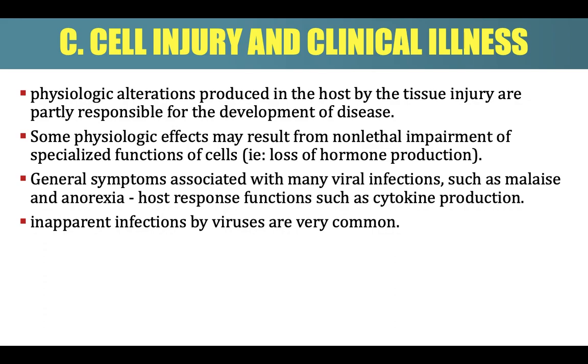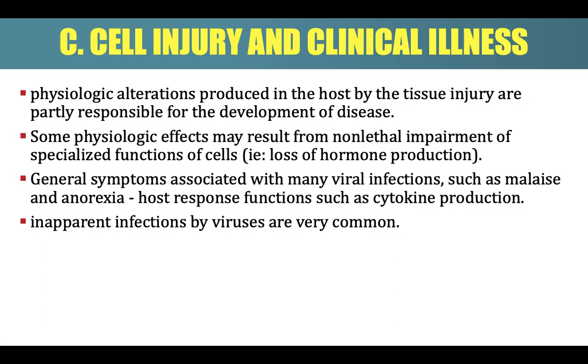Some tissues, such as intestinal epithelium, can rapidly regenerate and withstand extensive damage better than others, such as the brain. Some physiologic effects may result from non-lethal impairment of specialized functions of the cell, such as loss of hormone production. You need to remember what happens to the cell or to the host.